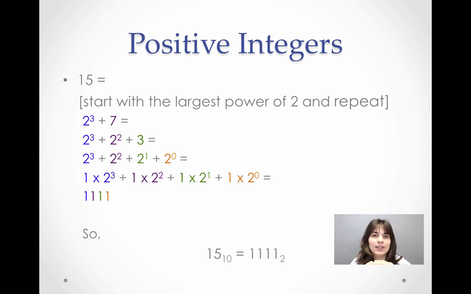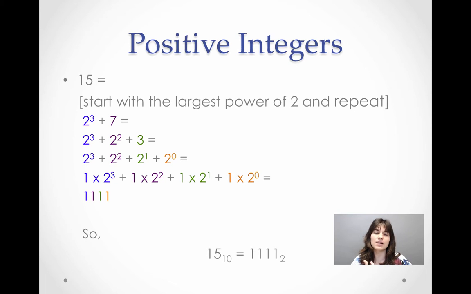How can we convert that number to its binary representation? We start with the largest power of 2. So what is the largest power of 2 that is inside 15? It's 2 to the power of 3, which is 8. Great, so we write down 2 to the power of 3 plus whatever remains, 7.